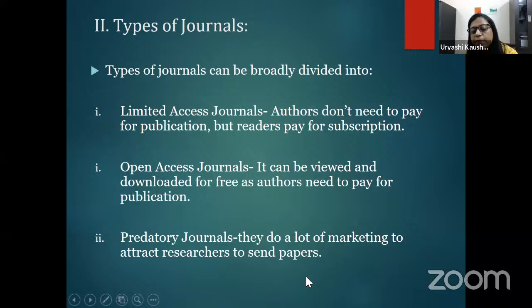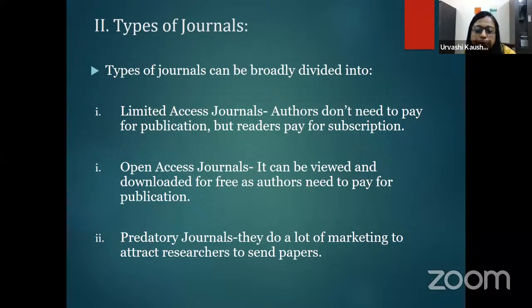Then the third type is the predatory journal. They do a lot of marketing to attract researchers. Sometimes we receive mail saying that they have started a journal, and they'll say send your paper and we will publish in 2 weeks' time. Please understand, any journal that tells you that it will publish the paper in 2 weeks or say 2 days' time, that means it's a predatory journal.